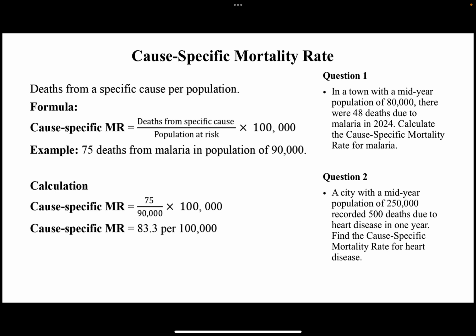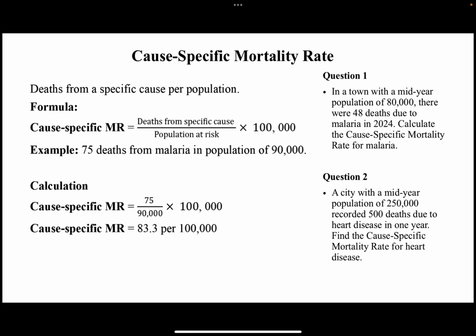So it means 48 people died from malaria. What is the population at risk? 80,000. So we are going to have 48 over 80,000. Then you multiply by what? 100,000.